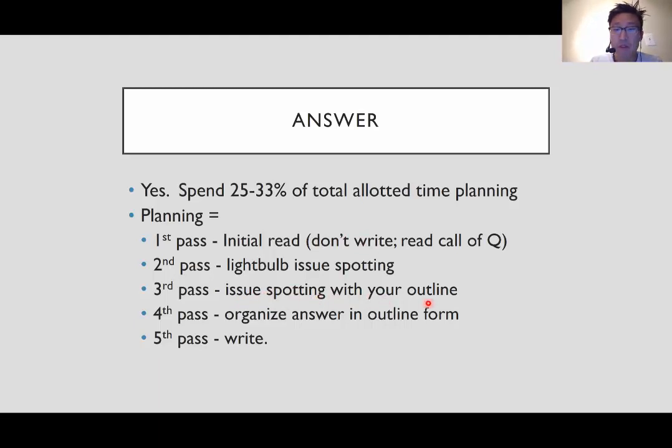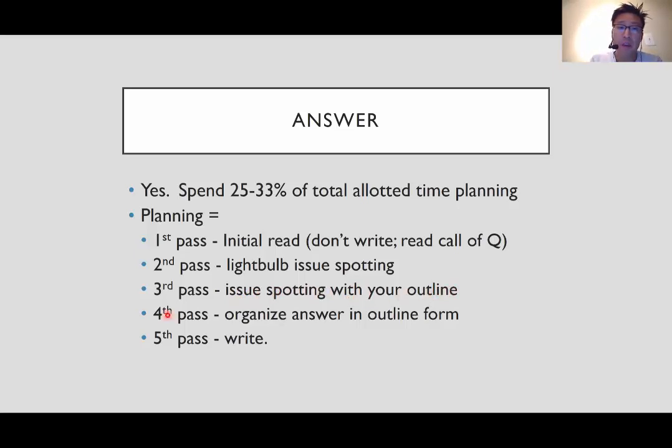Here, you use your outline. Maybe you flip through the outline for different kinds of law that you haven't yet had a chance to apply, but that the professor might have written facts to catch and force you to analyze. So this is a more deliberate issue spotting.